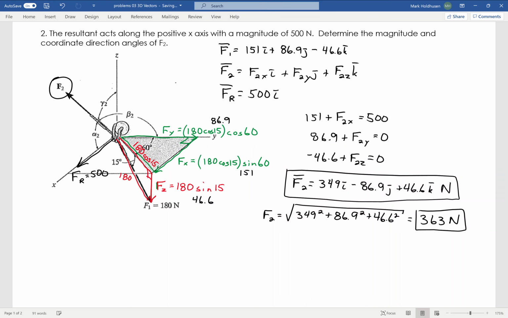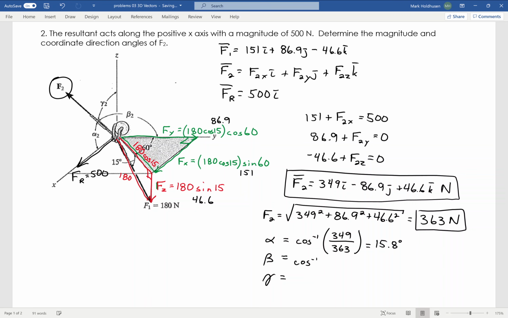And then alpha, beta, gamma is just the inverse cosine of the x, y, and z components over that magnitude. So that'll be the inverse cosine of 349 divided by 363, which is 15.8 degrees.